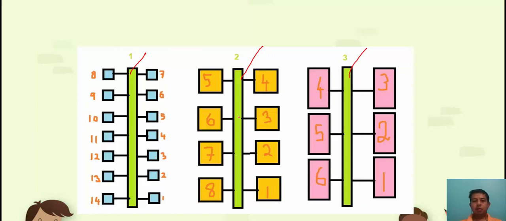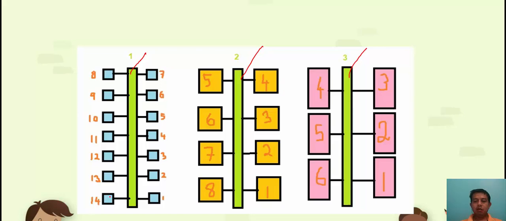If you look at lane number 2, there are fewer houses because these houses are a little bigger than these houses. And in this third lane, there are houses, again these are bigger than the houses in this lane, so there are still fewer houses in this particular lane. So there are 6 houses in lane number 3, there are 8 houses in lane number 2, and there are 14 houses in lane number 1.